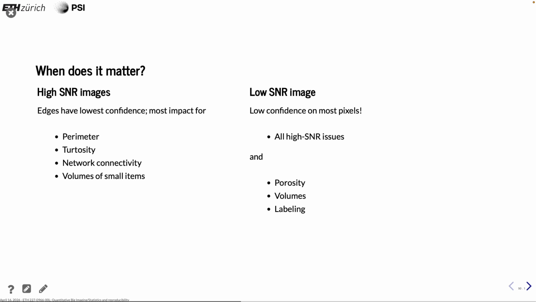For the low signal-to-noise ratio, low confidence on most pixels, actually, and then we have all the issues from the high signal-to-noise ratio, plus that we have problems of defining porosity, volumes, and also with labeling. So, as you probably already know, low signal-to-noise ratio is something we should try to avoid. We often get it, and then we try to do the best out of it.